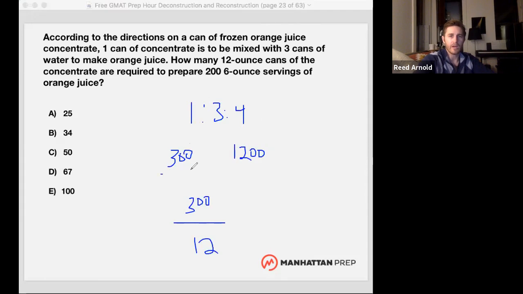Yep. I have 300 ounces of concentrate. And the last inference we have to make is, if there's 300 ounces of concentrate and they're 12-ounce cans, that's going to give me 25 cans.